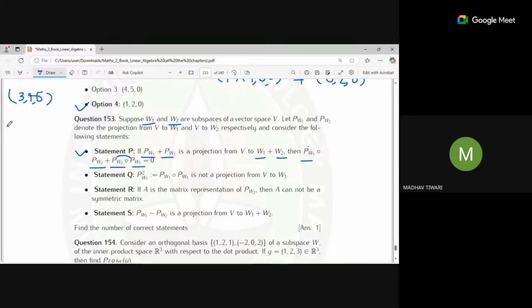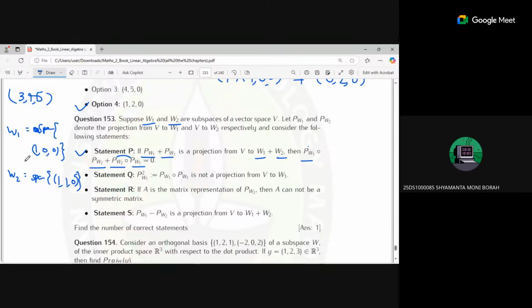So I have my subspace W1, which is all the vectors in this direction. I can say it is the span of the set containing 1, 0, 0. W2 is the span of all the vectors using 1, 1, 0. Sir, why are we taking a one-dimensional vector in W1 and a two-dimensional one in W2?